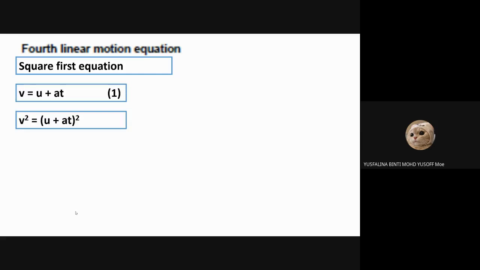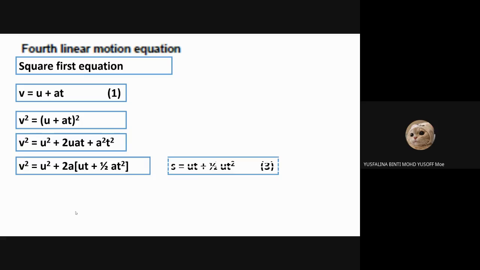Okay, and then the last one. For the last one, we have to square the first equation. So the first equation is V equals U plus AT. So we square the first equation. Sorry, U plus AT all squared.